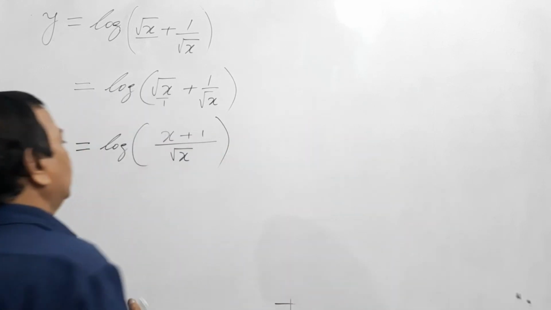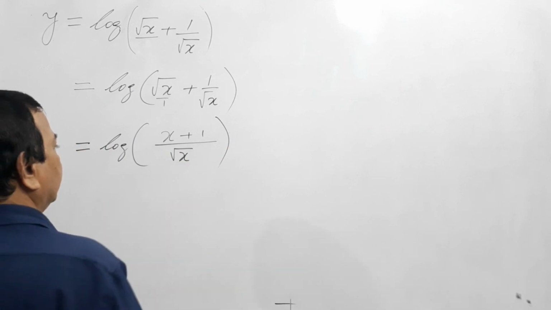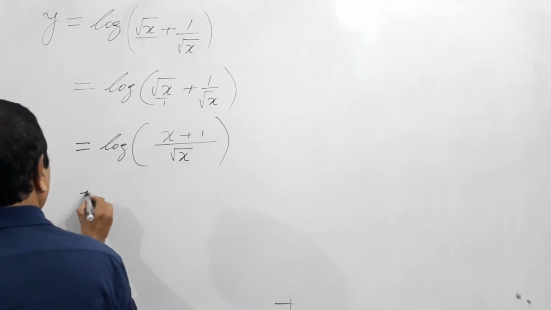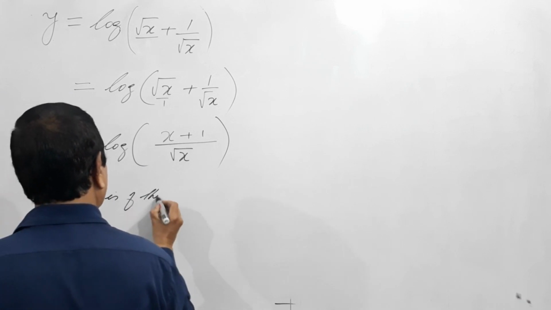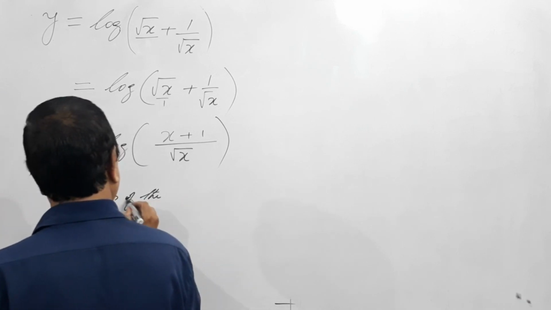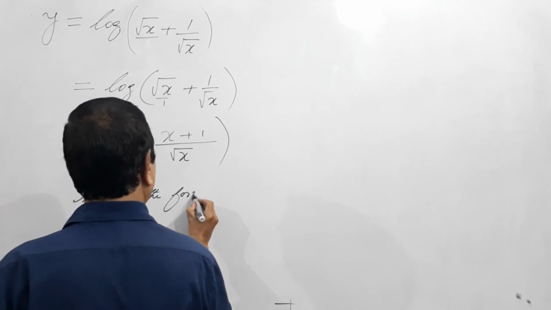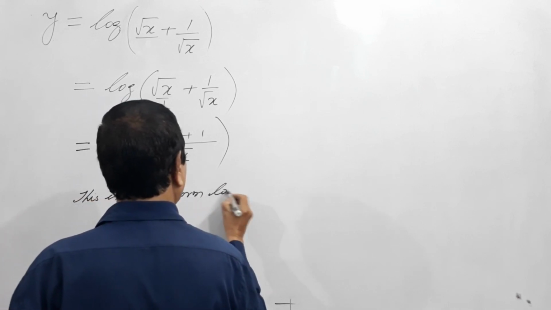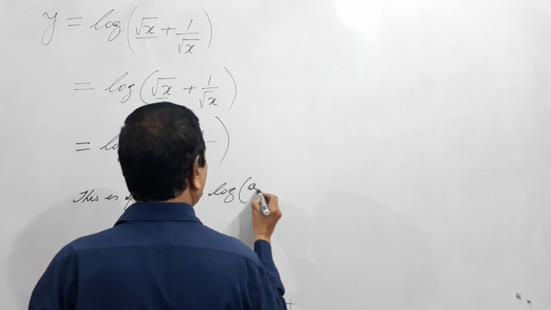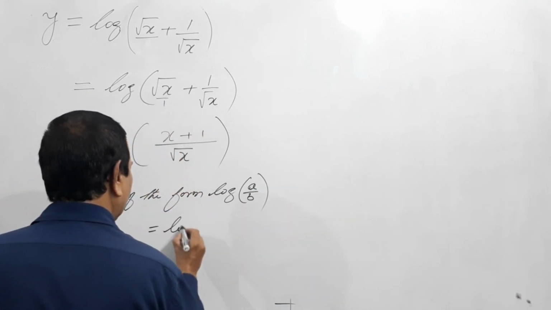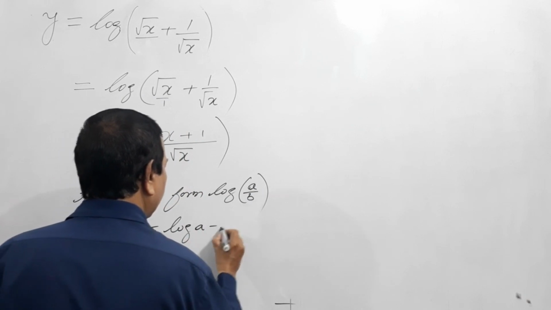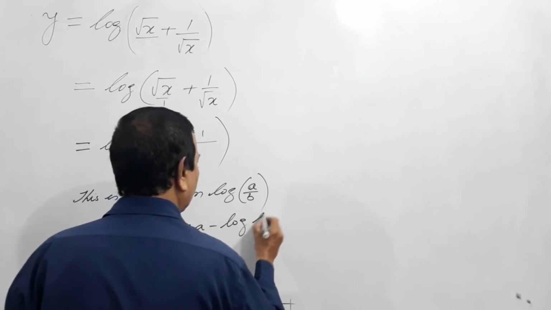So now this is of the form log a by b, which is nothing but log a minus log b.